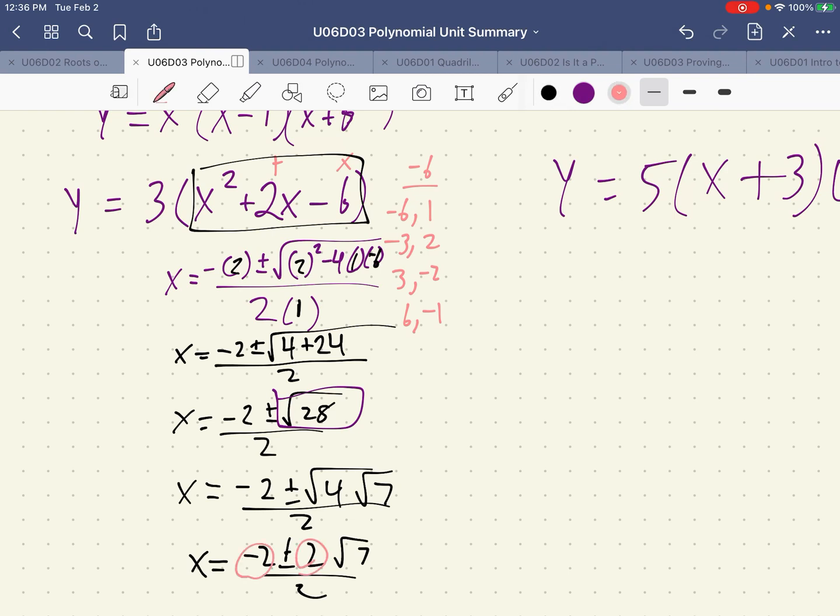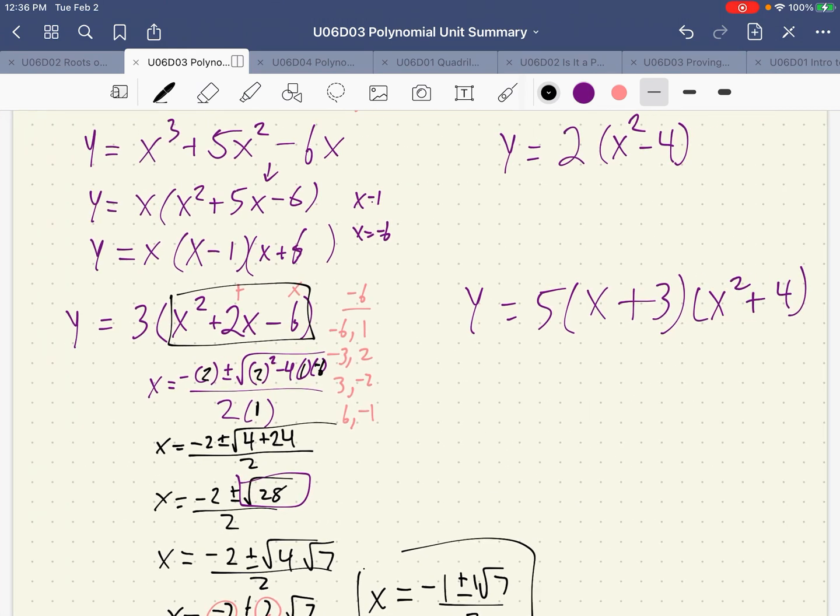If we simplify, the number that goes into all three of these evenly is 2. We get x equals negative 1 plus or minus radical 7. This is really 1 radical 7, but you don't usually write the 1. So these are the roots for that example.